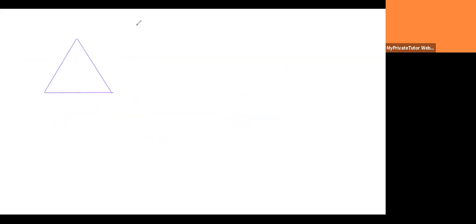It is an equilateral triangle. I think everyone knows the Pythagoras theorem, so that's why I'm giving this question. Just take it as 8 centimeters, 8 centimeters, and 8 centimeters.